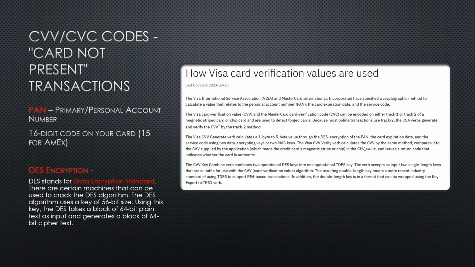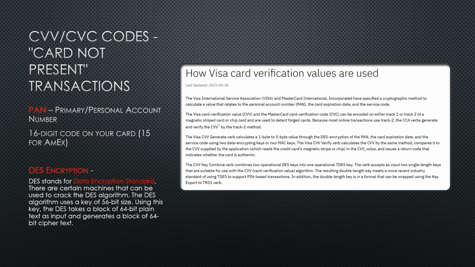For the credit card, there is the CVV code or CVC code. CVV is the name for the card verification value for the Visa card, and for the MasterCard, it's called the card verification code. Both codes are used to tell the method used to encrypt the card information into their system.